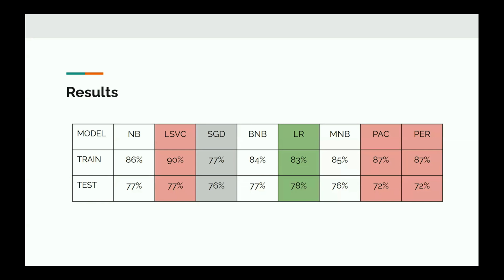So now, what do these results mean? When models such as linear SVC, passive-aggressive classifier, or perceptron perform significantly better on training data than on testing data, it raises concerns about possible overfitting.